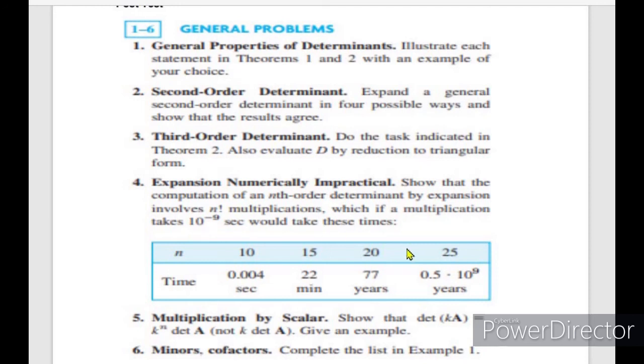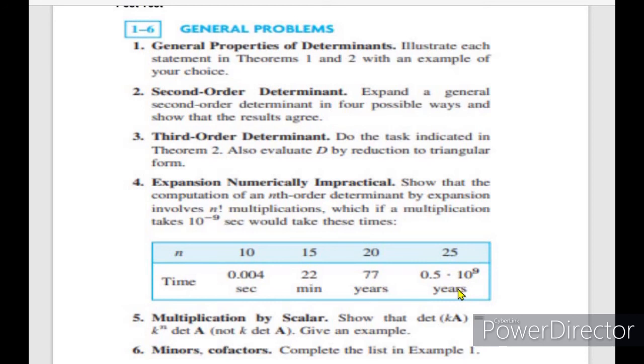For the number of multiplications 10, 15, 20, 25, the results are 0.004 seconds, 22 minutes for 15, 77 years for 20, and 0.5 times 10 raised to 9 years for 25.